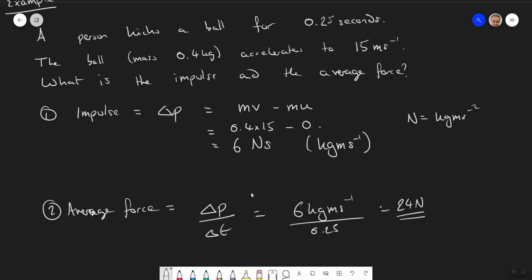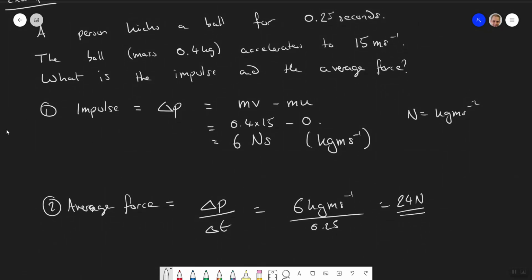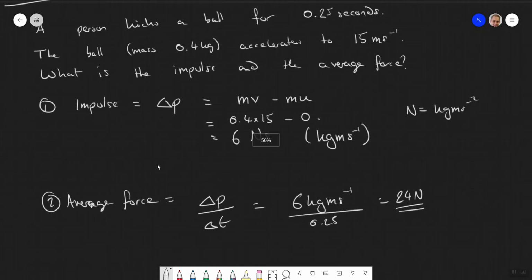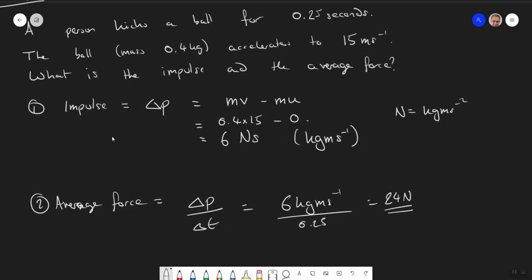Okay, at the moment these are just terminology. But the thing that's important in terms of the design of devices is that we can decrease the average force we need by increasing the time for a change in momentum. So if you are trying to design safety gear, say in a car accident, things like airbags, seat belts and all that, that is fixed.